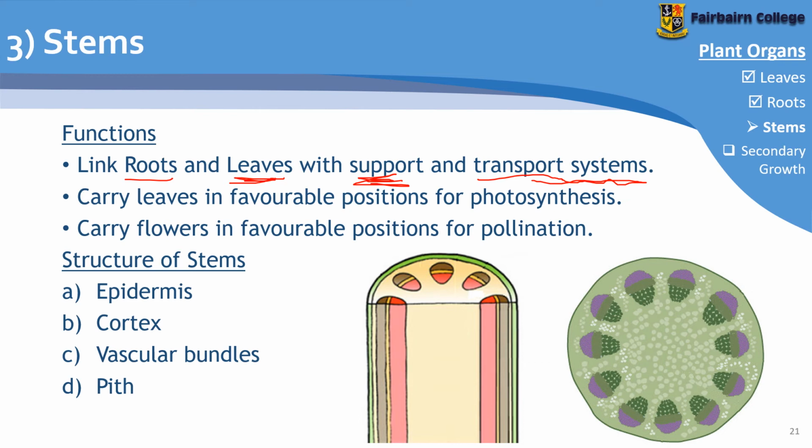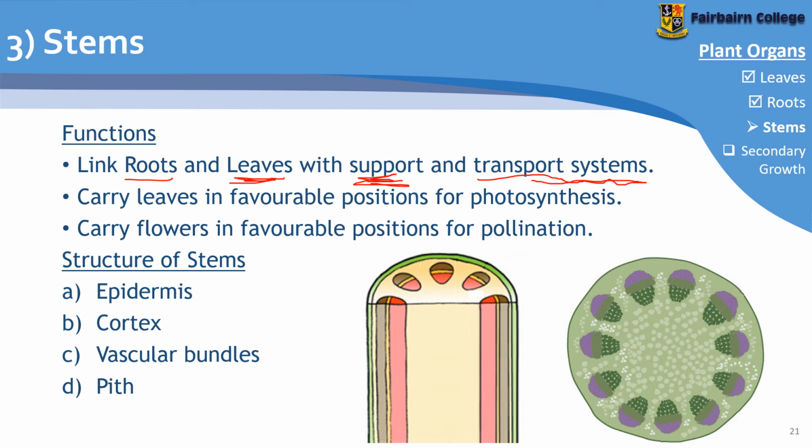It also carries the leaves in favorable positions for photosynthesis. All along the stem you will find branches and leaves, and the stem allows the leaves to grow in positions where they can maximize their ability for photosynthesis.